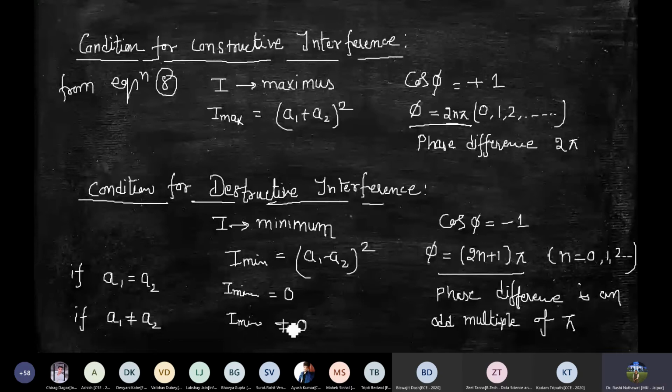Excuse me, ma'am. Can Imax be written as I1 plus I2, considering A1 square is equal to I1? You said I1 plus I2 is Imax and I minimum as I1 minus I2?